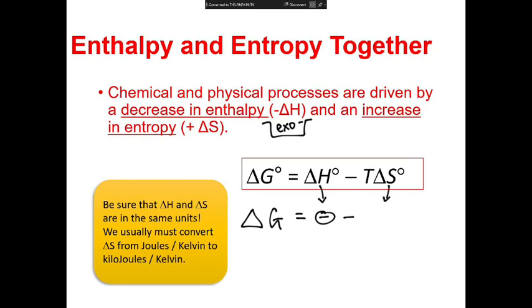And then your delta S is a positive number. Just in math, anytime you take a negative number and you subtract a positive number from it, you have no choice but to get a negative answer for your delta G. That is why, mathematically with the formula, reactions that have a negative delta H, which is exothermic, and a positive delta S always happen spontaneously. That's what the second law of thermodynamics is about.